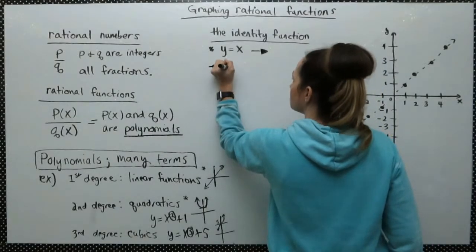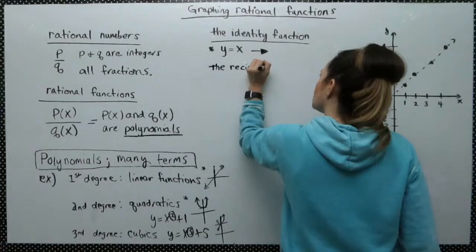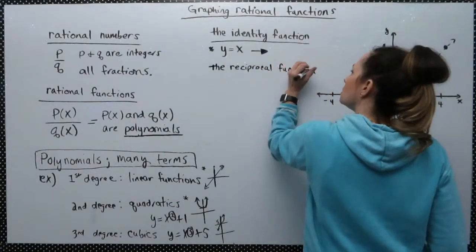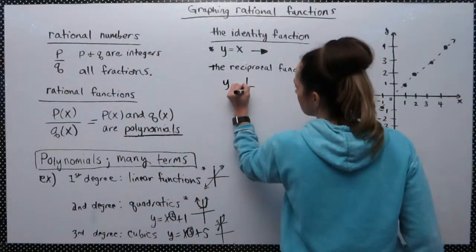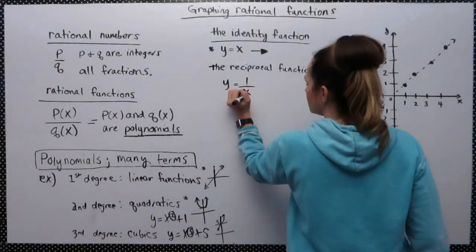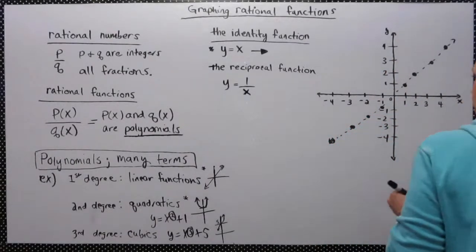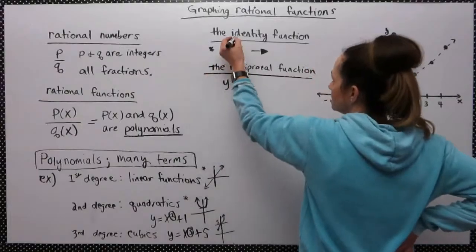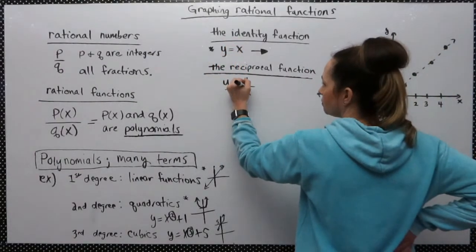So the reciprocal would be y equals 1 over x. Okay. And this is the one that we're actually going to work on today. So you find the identity function and then you reciprocate it, and then you get the reciprocal function.